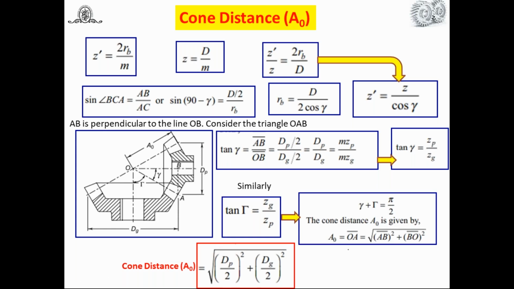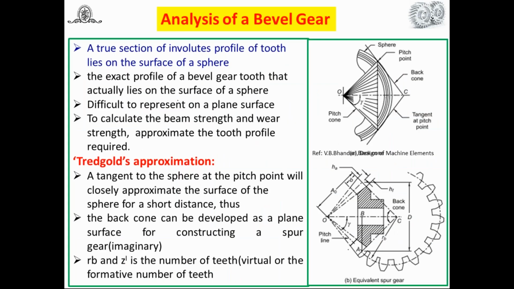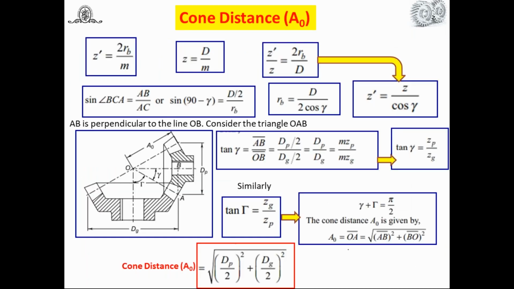Try to understand. This is about the cone distance and some fundamentals behind the analysis of the bevel gear. How the bevel gear is converted into the equivalent spur gear and the formative spur gear by using Tredgold's approximation, and why this approximation is required, we have already discussed. Based on the fundamentals and the geometry, the cone distance equation is derived, along with equations for the virtual number of teeth.